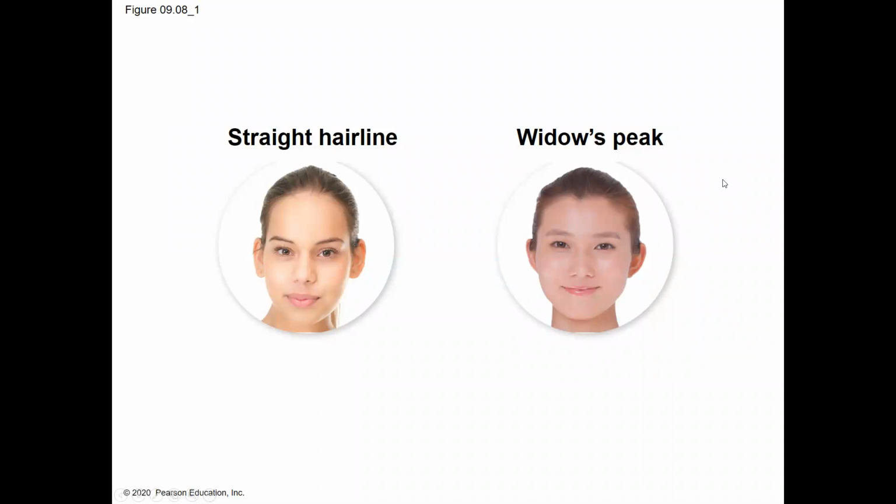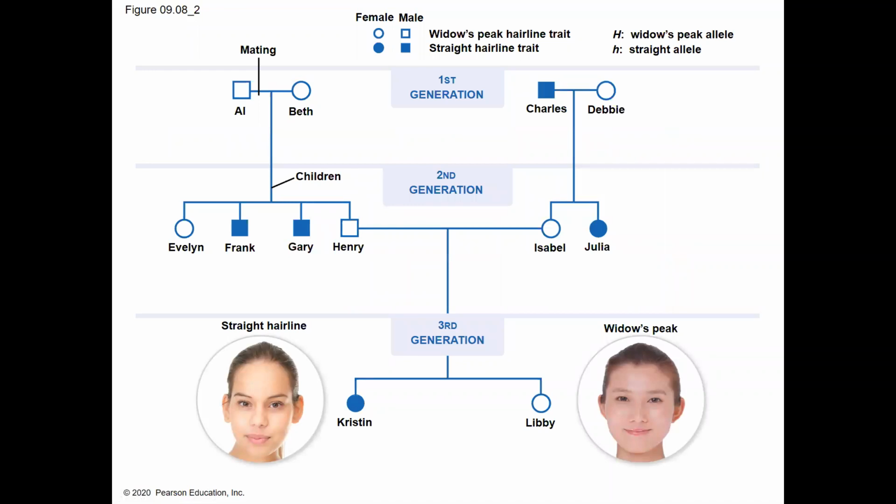Another example of that could be seen in straight hairlines versus widow's peaks. This is another pedigree done in a slightly different way, where it shows the grandparent generation, or the first generation, their offspring, and then the mating of Henry and Isabel here, producing a 3rd generation, where Kristen here has a straight hairline and Libby has a widow's peak.